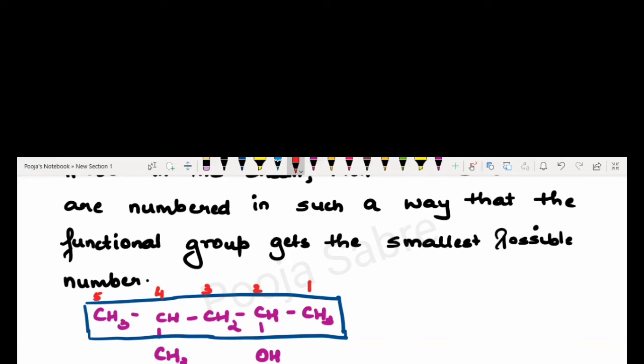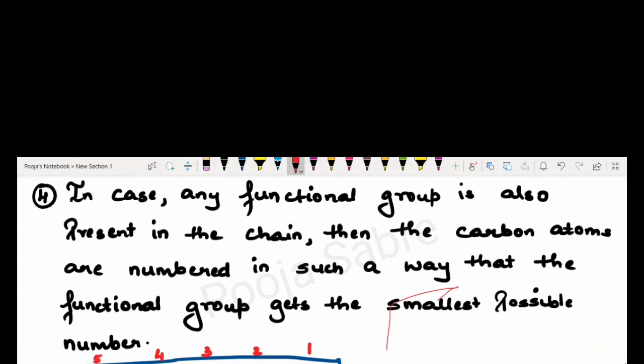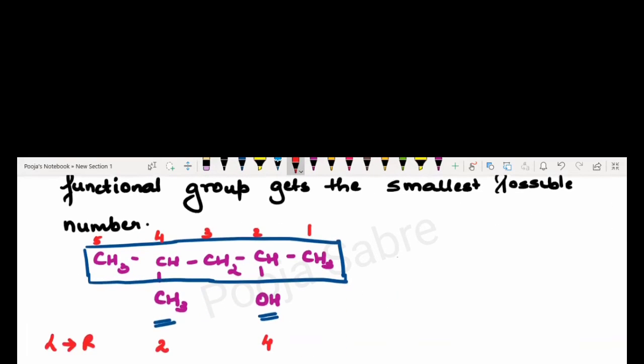Okay. So in this case, children, always remember, wherever you have a substituent along with the functional group, you are going to give the smallest possible number to the functional group. And the functional group in this case is my OH group. Clear? So I'm going to number it from right to left.